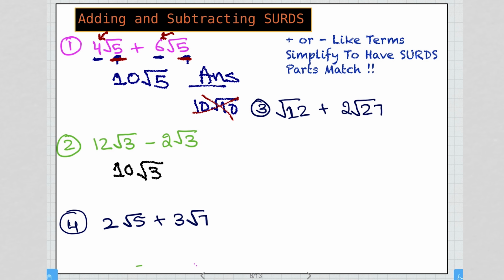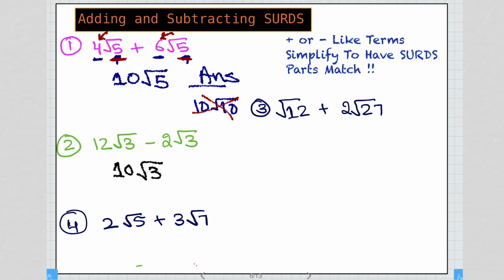Let's look at the next example, number 3, root 12 plus 2 root 27. Can I simplify root 27? Yes, I can. Let's try to simplify that first, please, and root 12 as well.